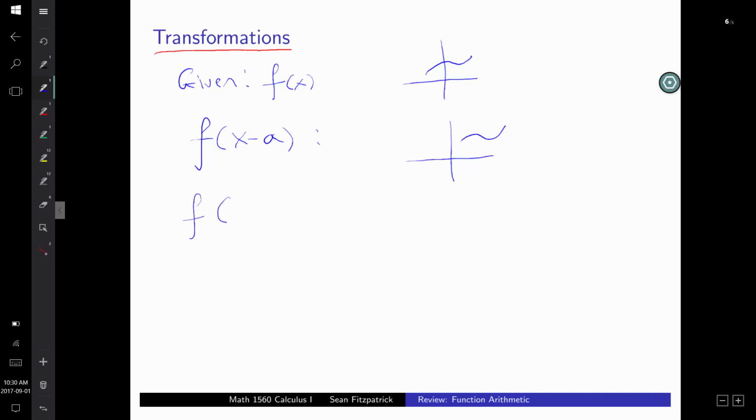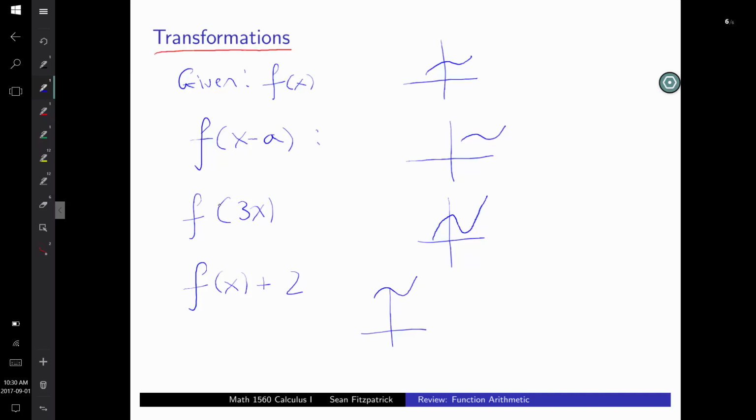You could do things like f of 3x. This gives you a sort of a stretch. Right? Things get stretched out. Not a composition per se, but you could also do things like, say, f of x plus 2. Well, that takes your original picture, shifts it up by 2 units. So some of the transformations you write as function compositions, or of course as simply a sum of 2 functions.